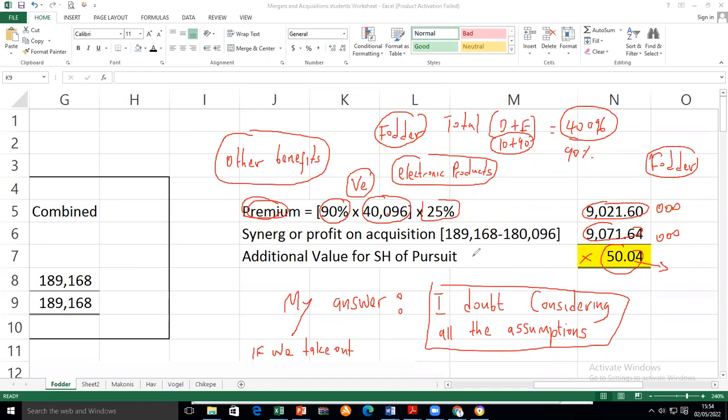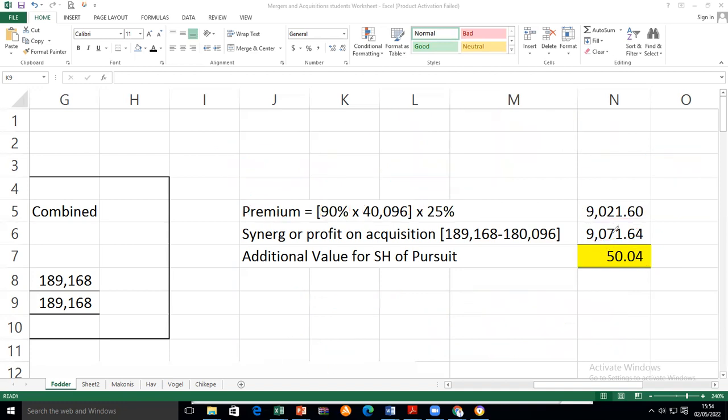So the premium is the one we calculated of 9,000. From this profit, we're removing this premium, so what will remain for Pursuit shareholders is only the 50,000 really.